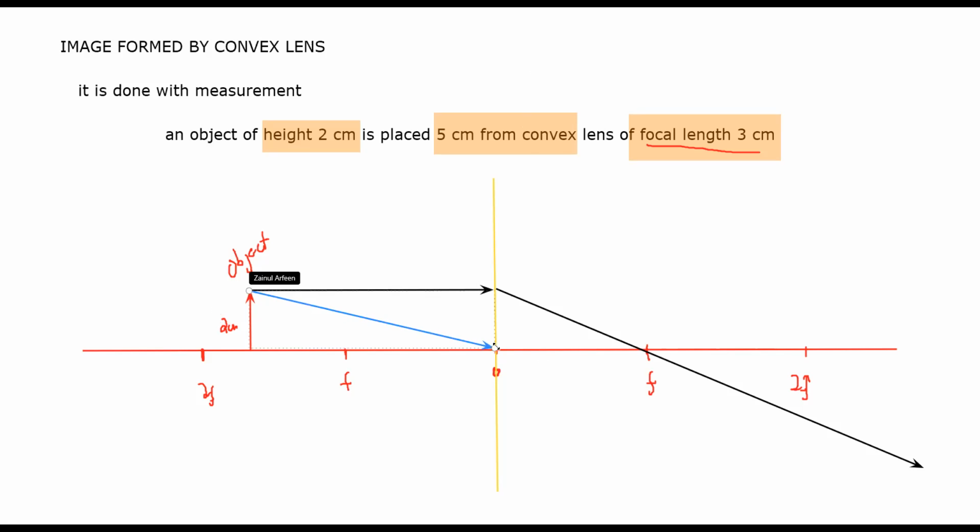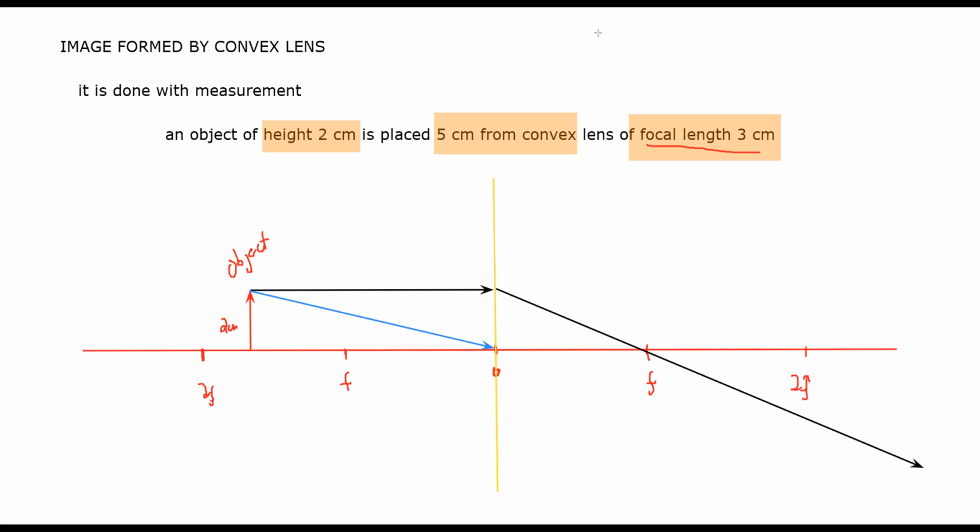If it is passing through the center of the lens, what will happen? No change in direction, so it will continue in the same way. Sir, how will we know from where the light is passing? In the previous session I discussed, there are three ways the light can pass.